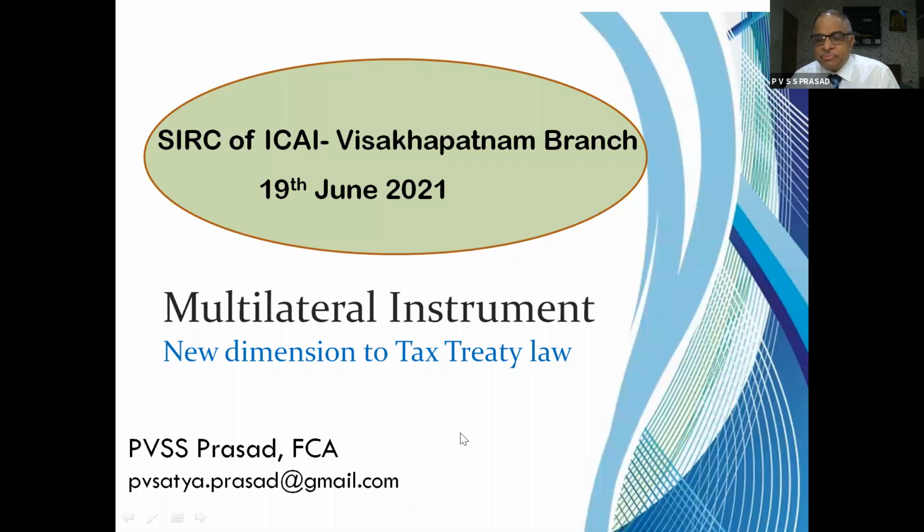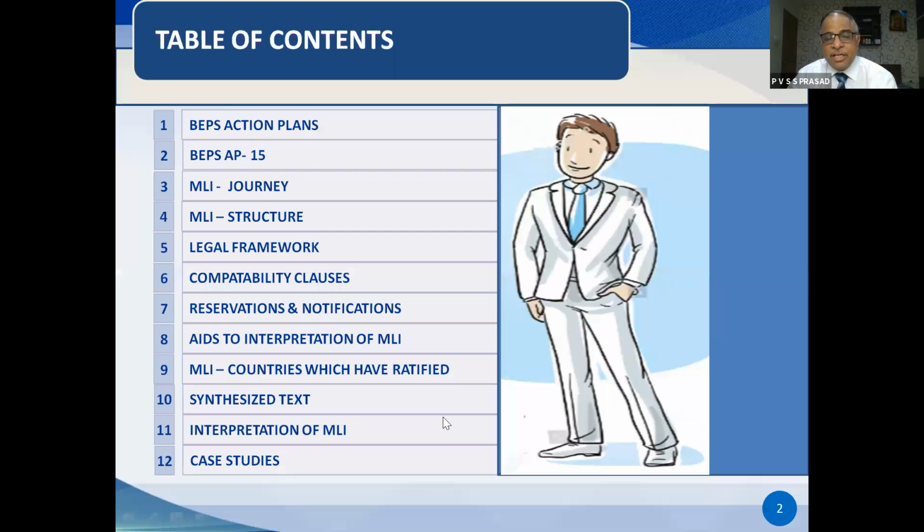India was also in the first batch of signatories, and it was signed in Paris, France, where the OECD is headquartered. Later on, as mentioned by our chairman, Mr. Murali Krishna, the signatories have grown to almost 200 now, and it is a reality. In India, the multilateral instrument has become a reality by carrying out the legal process and notifying it.